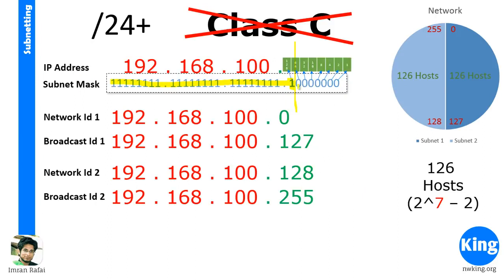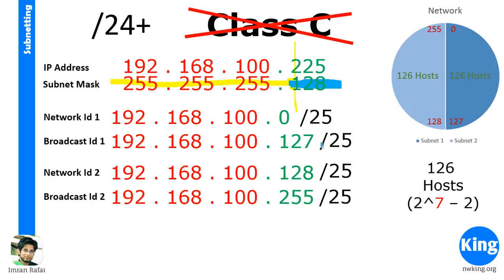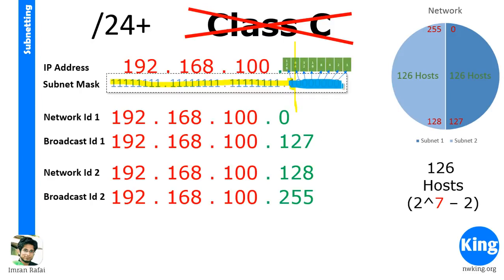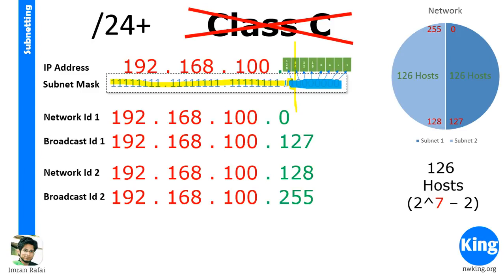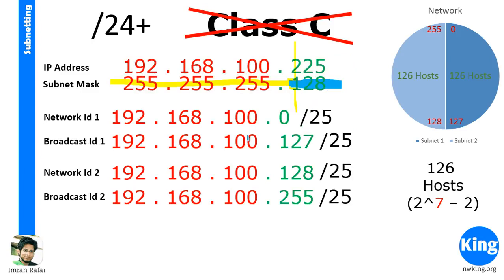Now the new subnet mask, because we borrowed one bit, this part, so let me take another color, the fourth octet is nothing but 128, because 10000000 is 128 in decimal. And because we now have 25 bits in the network, these addresses are going to be /25 addresses. Right, that is nothing but subnetting, and it's very easy.